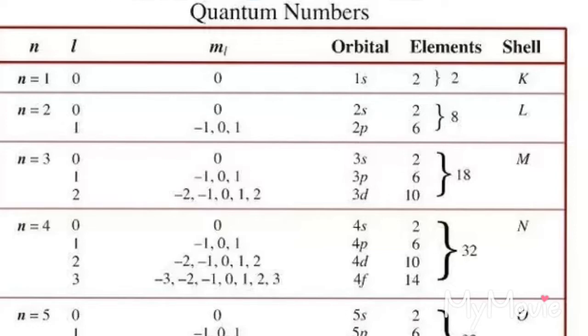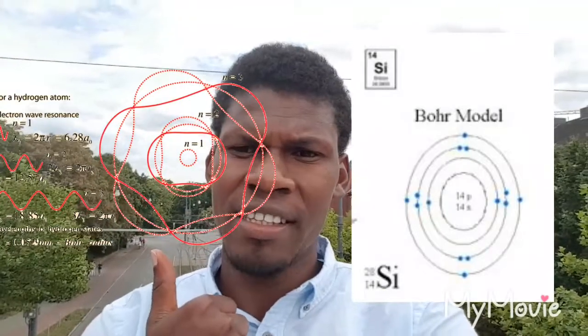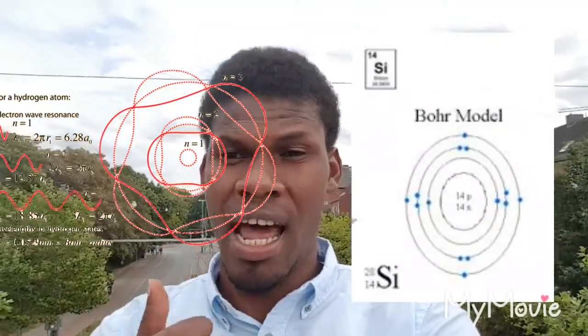And upon coming up with these 4 models, and in these 4 models includes the Bohr model and the electron in the atoms. This is the Bohr model, this is how it looks like, and this is the probability, the chance of finding an electron orbiting in an atom.